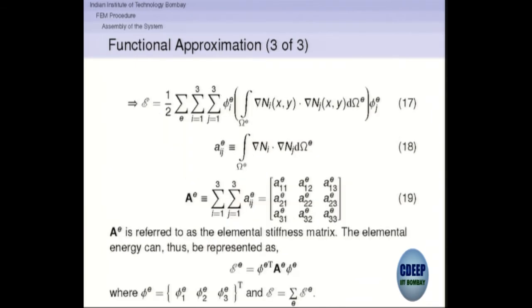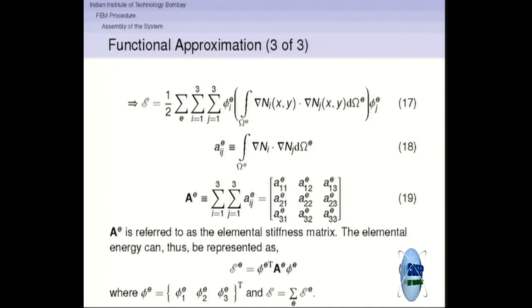So you basically can write the whole expression nicely by equation 20, where the energy associated with one element is phi E transpose A phi E. A is the element coefficient matrix, given by this 3 by 3 elemental matrix in equation 19, whereas each of those entries A11, A12 up to A33 is given by equation 18.